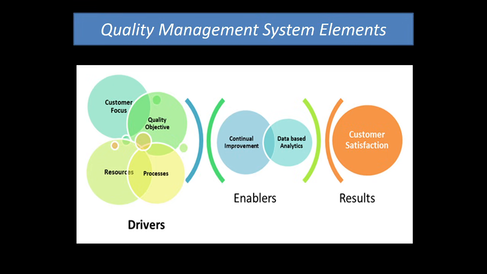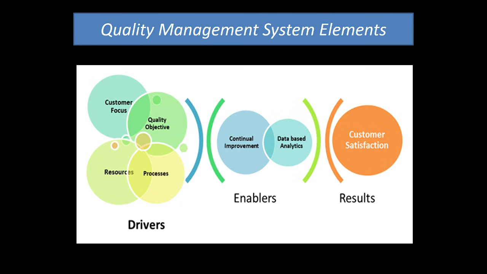The next is data analytics. Decisions should be made using evidence, trends, analysis, and actual performance data. ISO calls this evidence-based decision making. It helps us remove guesswork and focus on facts. These enablers ensure that our QMS is not static. It grows, evolves, and becomes stronger over time.